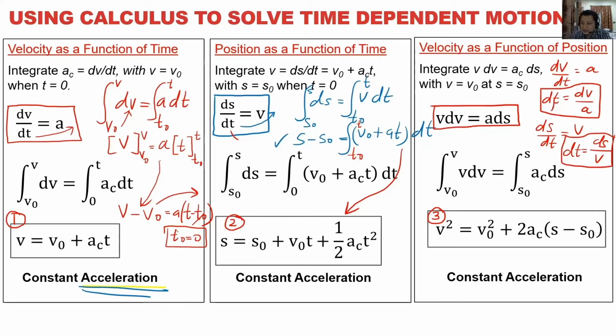Look at dt, same as this one, so you can equate them both. dv over a is equal to ds over v. So bring this one here, bring this one forward. You're going to get v dv is equal to a ds. From this one, we can integrate once again, and we're going to get the third equation.